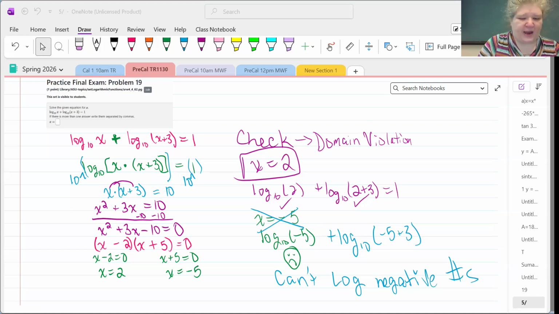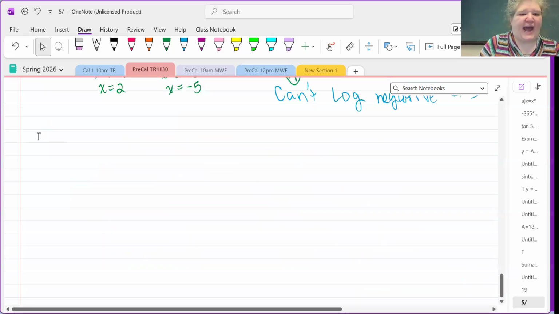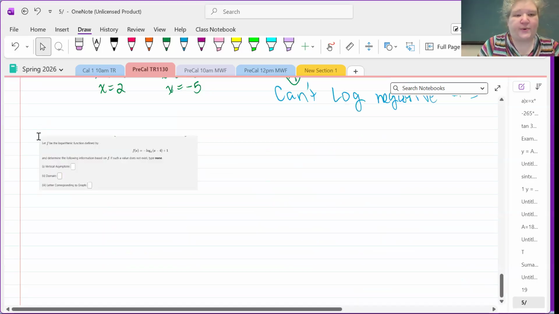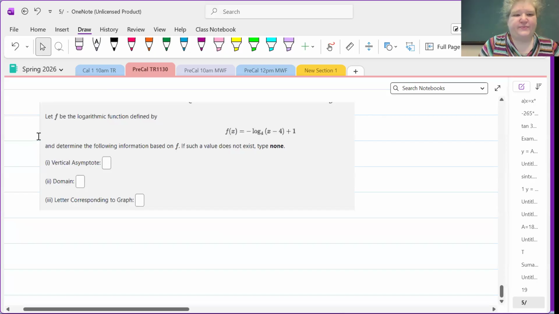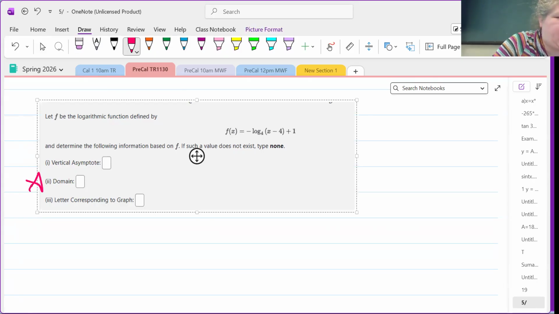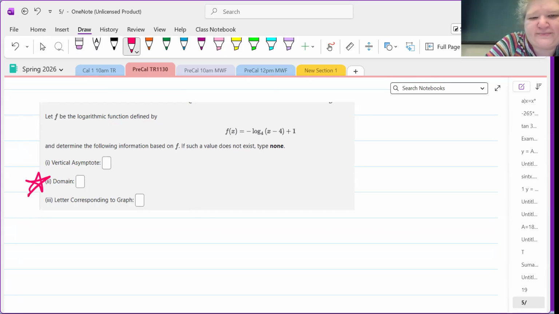So here, let me grab that one. It's just 15 is the only one that I had that asked about the domain of a logarithm. So it has some graphs, but the graph part won't be on the test. So the only part you'll actually have to do for the test is the domain. This is 15.